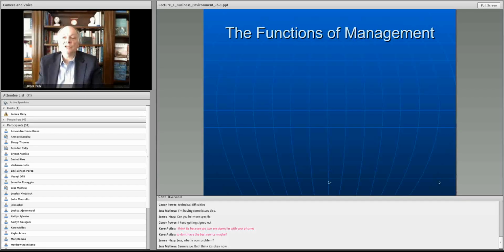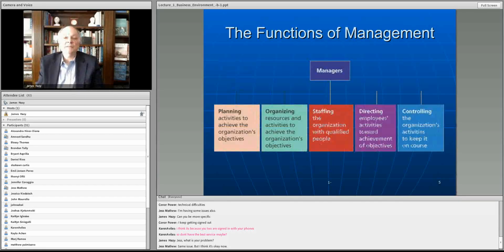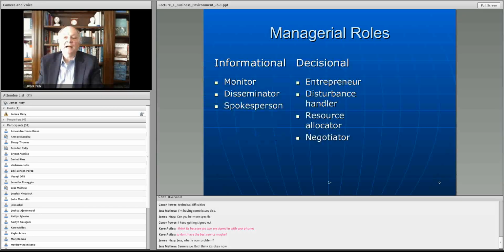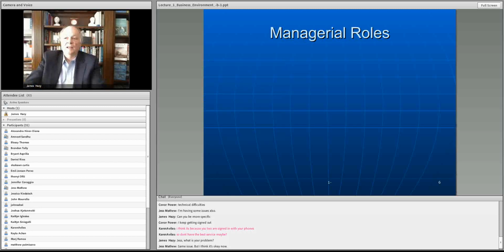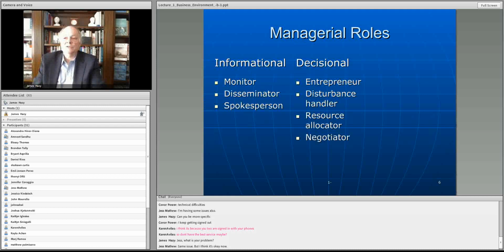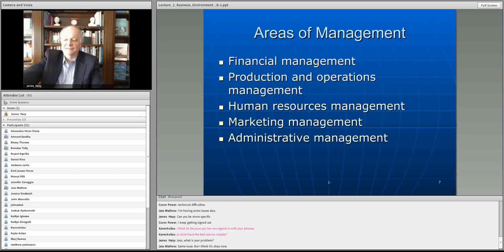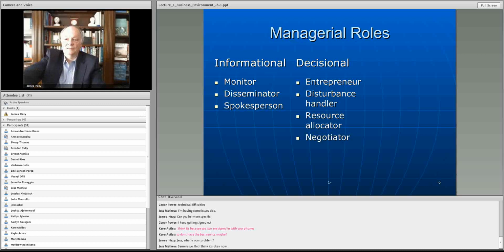We also talked about these functions of management: planning, organizing, staffing, directing, and controlling. We talked about these various pieces of management as well. And we talked about these various roles that people have.